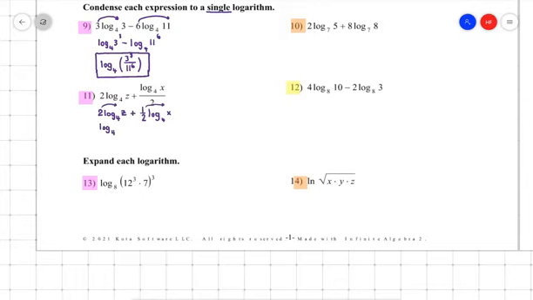So we've got log base 4 z squared plus log base 4 x to the 1/2. And anything to the 1/2 power is the square root of it. So we're going to take those two and multiply z squared and square root x. We've got a single log, so we are done.